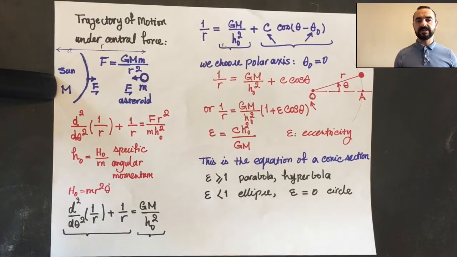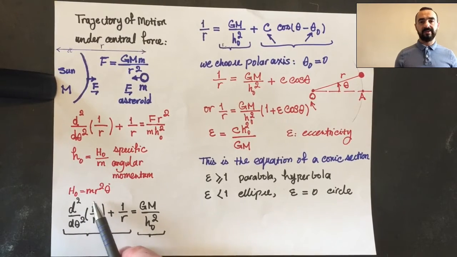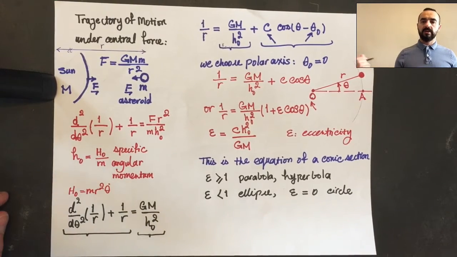So what is translational momentum? Translational momentum is simply mass multiplying velocity. And velocity in the radial transverse frame is simply r theta dot. So you can figure out how you would arrive at this relationship for angular momentum, or you can go back and look at the other video lecture about motion under central force.